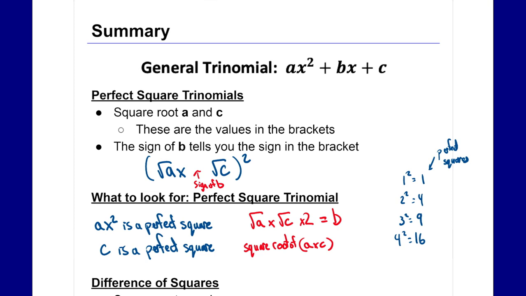So we multiply a and c together and then square root them. And then we double that. Does it equal b? So we do have to double check that the middle term is the square root of a times the square root of c doubled, or times 2. So that is that extra thing that we do have to check, aside from the first and the last term being a perfect square.